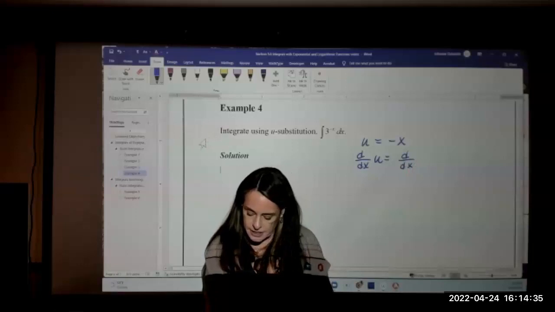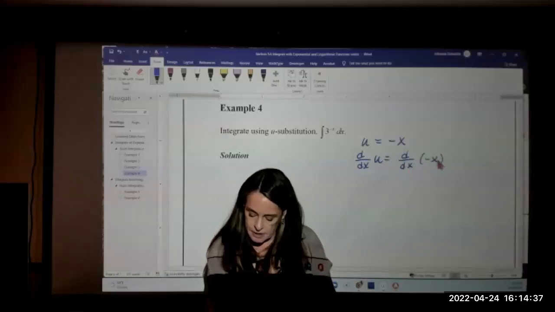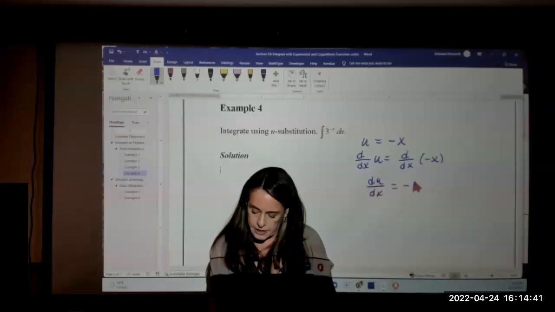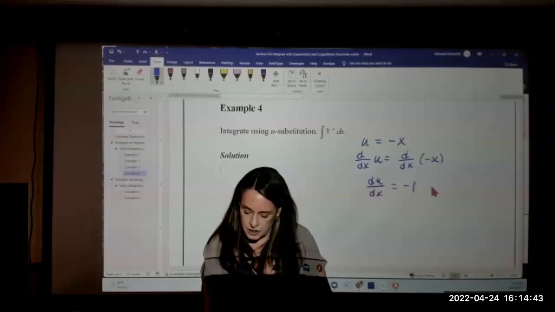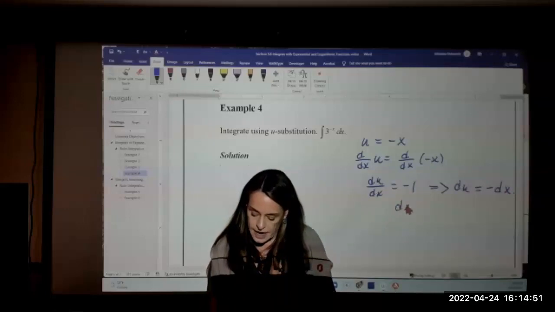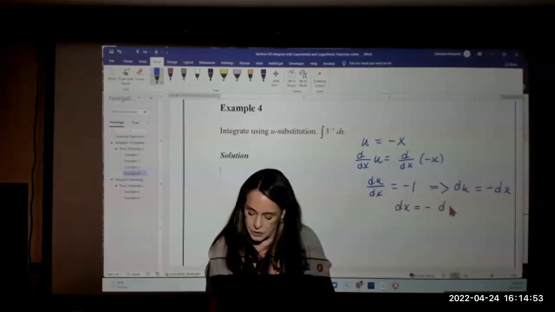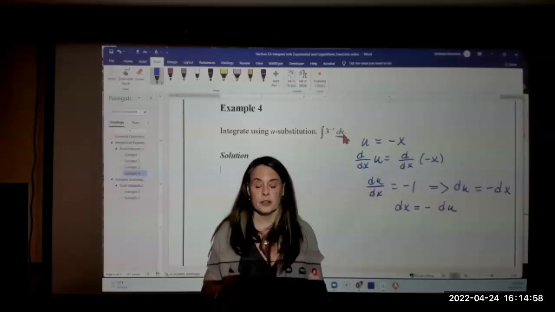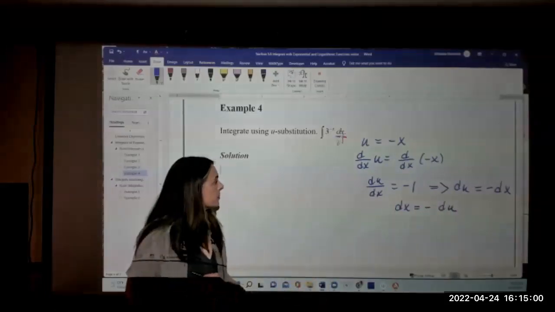And that gives us du dx equal to -1. Abuse the notation and swing the dx around to the right side to get du is equal to negative dx. That means that dx is equal to negative du. We'll use that to substitute for the differential in the original integral.